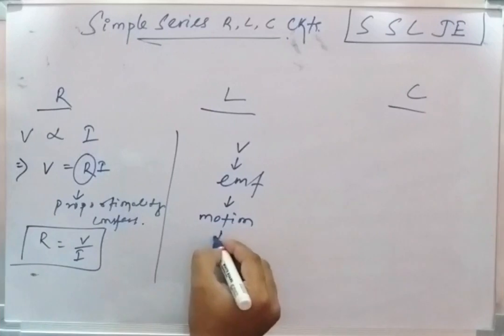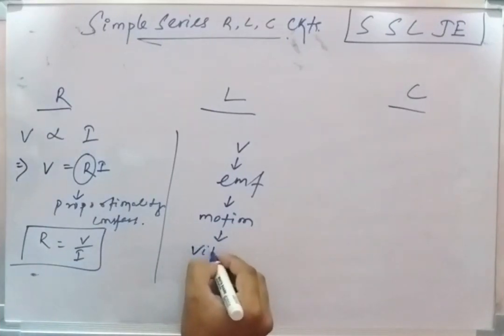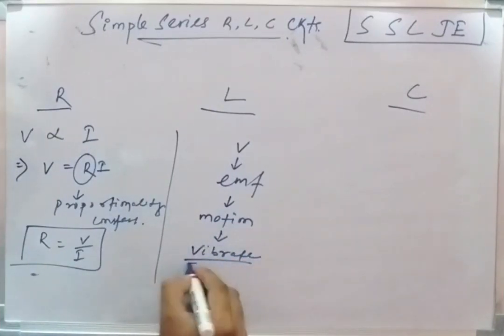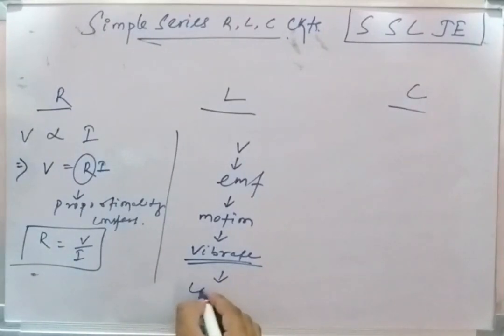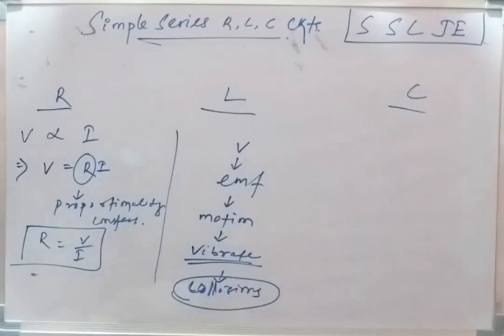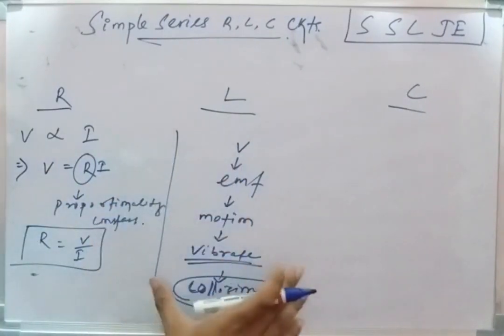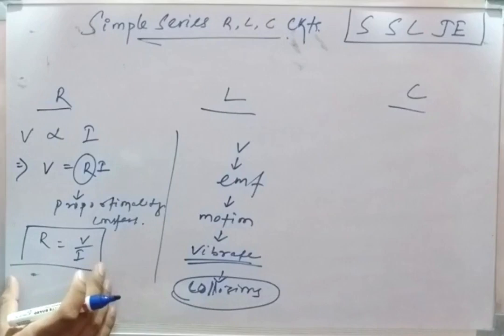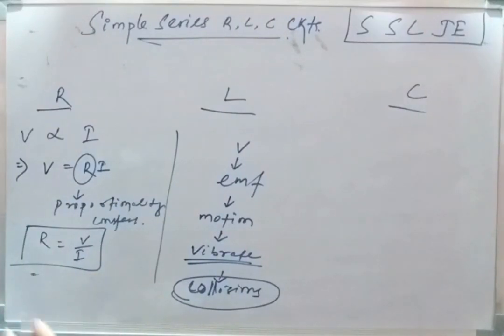Now the electrons will vibrate, and due to this vibration there will be collisions, and these collisions will provide resistance. They will not stop the electrons, but restrict them from moving freely. These collisions provide resistance. This is called resistance. So this is the physical definition, and that one is the mathematical definition.